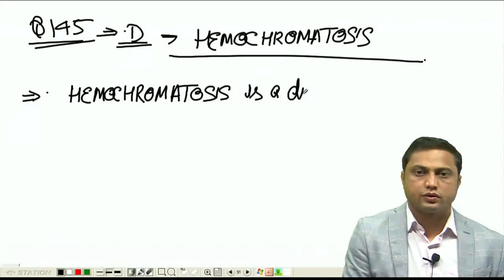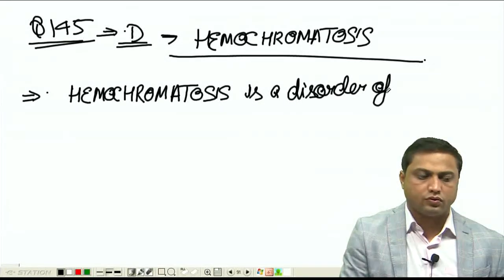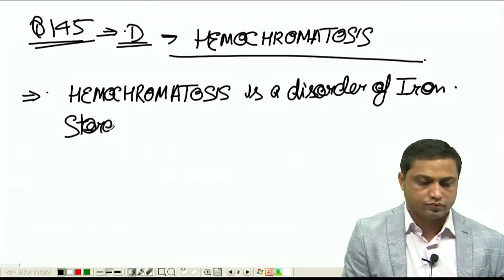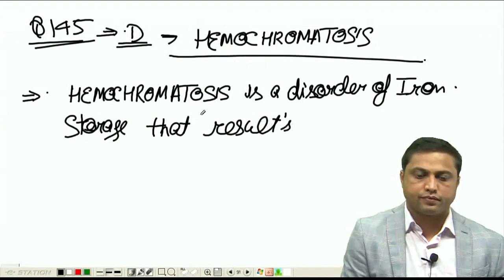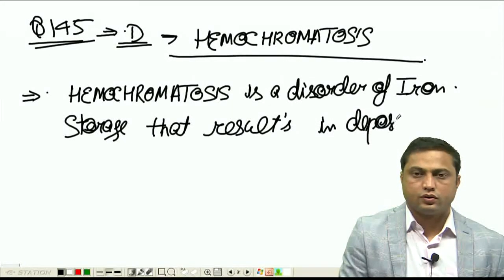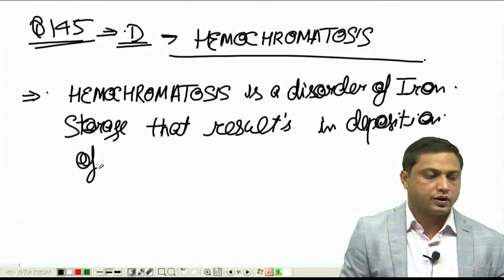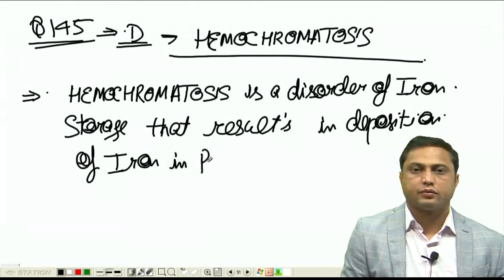Hemochromatosis is a disorder of iron storage that results in deposition of iron in parenchymal cells.